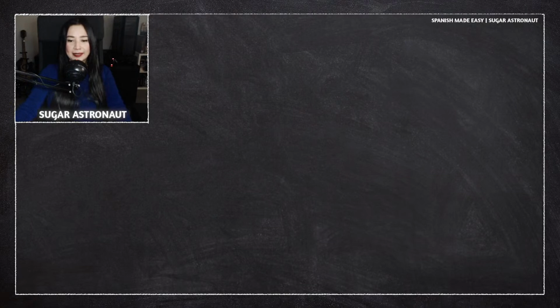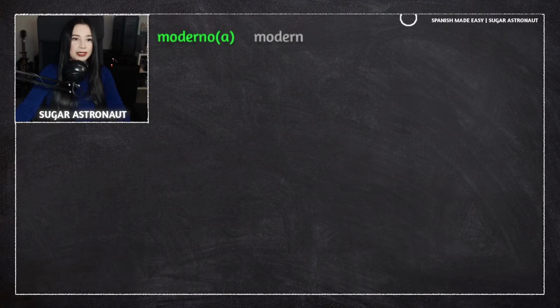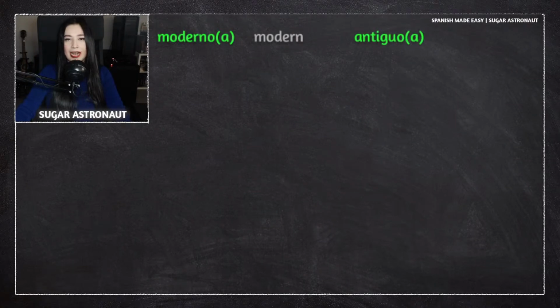Now the next set is moderno. Moderno, moderna. It can be feminine as well, and that means modern. You just need to add a vowel at the end, either O or A. And we have antiguo, antigua. That means ancient, or something old.